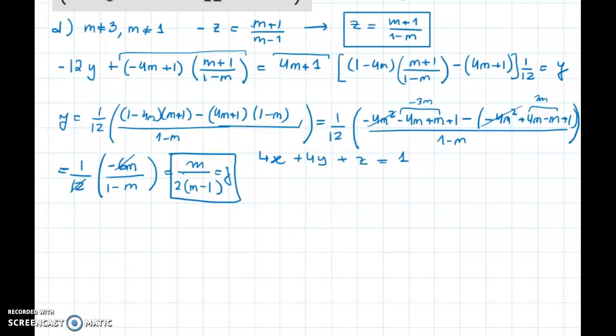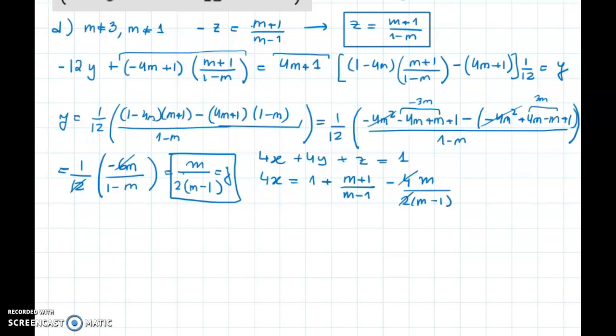This is nicer. Okay, so 4x is equal to 1, and then I have to write minus z. So I'll write plus m plus 1 over m minus 1. I change the sign instead of writing minus z. And then minus 4y. So minus 4 times m over 2 times m minus 1.